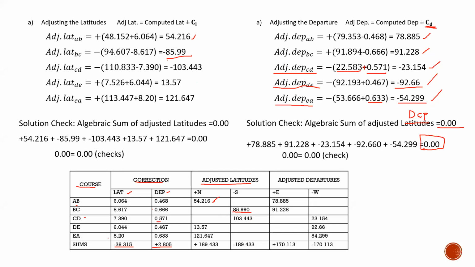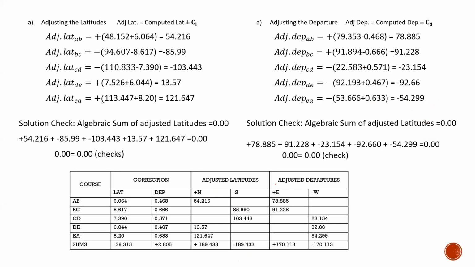Then, as you can see, meron tayo sa babang summation. And dapat yung summation ng north natin is just equal to the summation of our south. Diba? And pag inad natin itong dalawa, since this is positive plus negative, same magnitude, bibigay tayo ng equal na 0.00. So, wala tayong error na sa latitude.